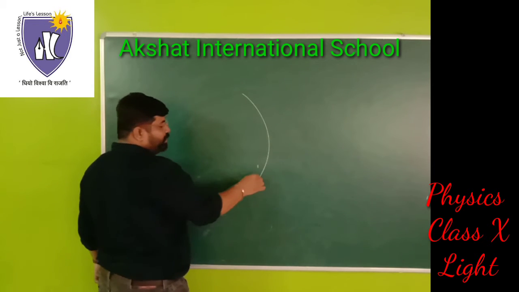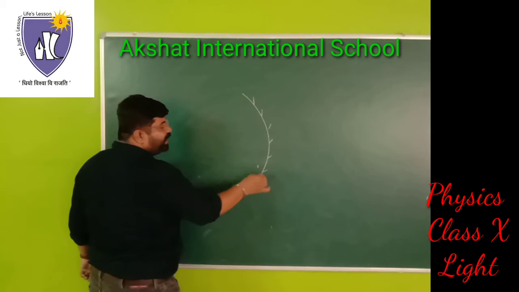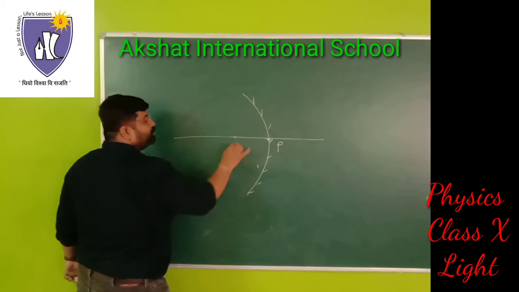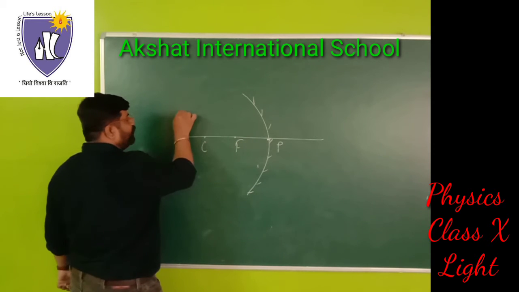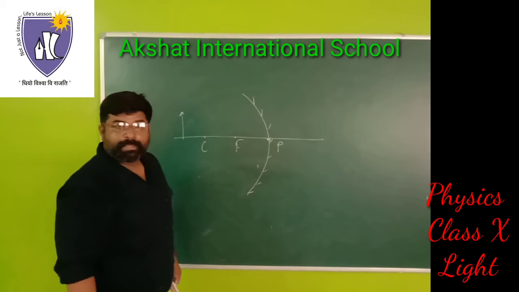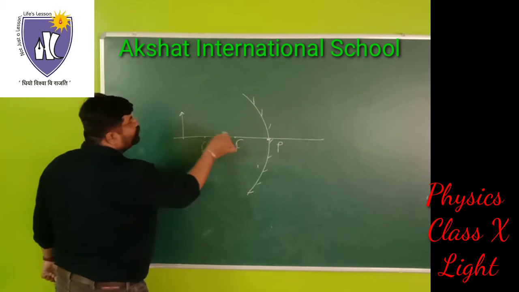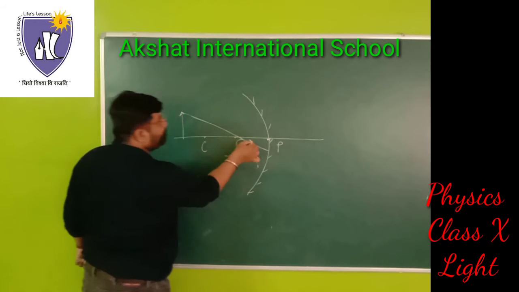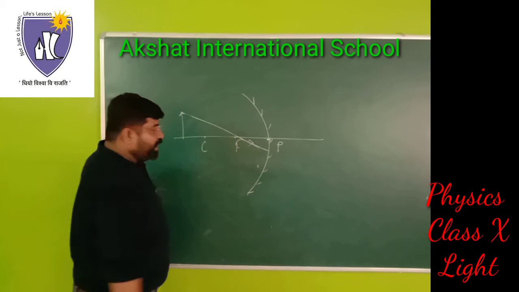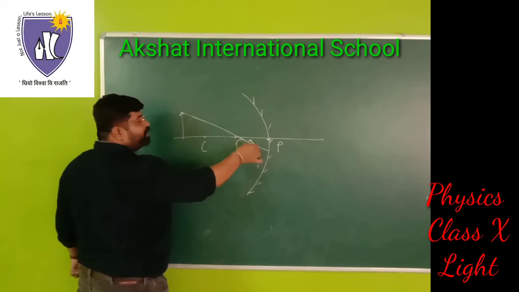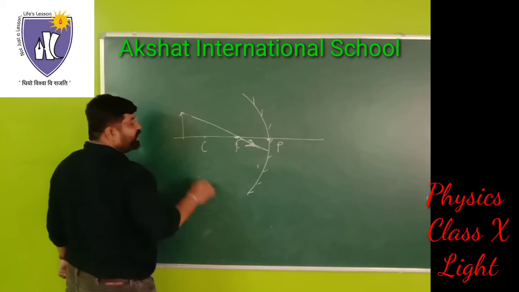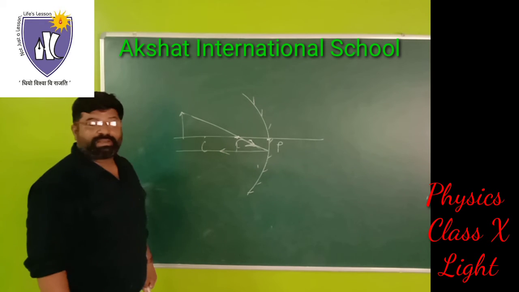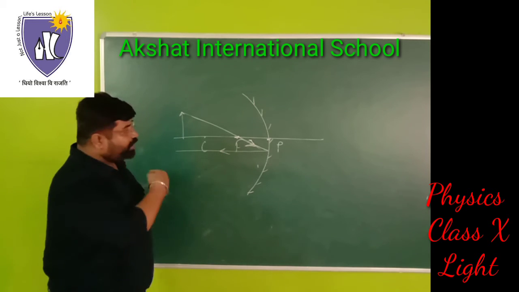Again, if we have a concave mirror and suppose this is an object, another type of ray which we can use is one that passes through the focus. If a ray passes through the focus, then after reflection it will move parallel to the principal axis.